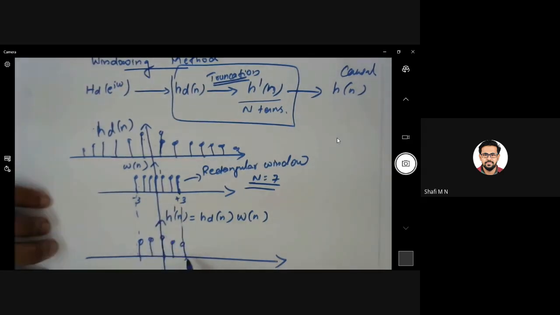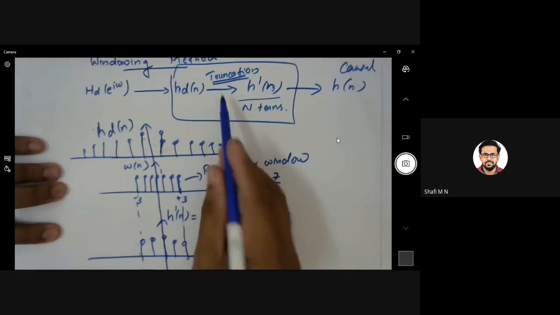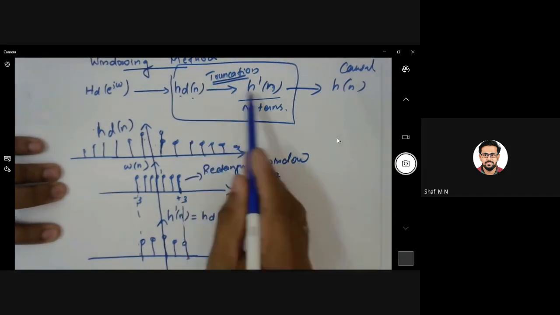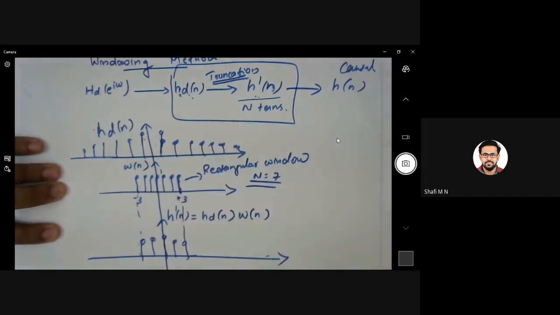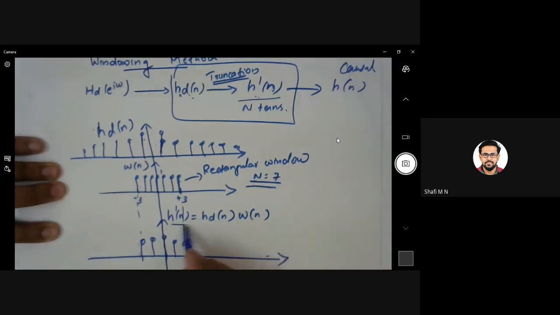After that, all values will become 0. So this is what you are mathematically doing with truncation. They are very mathematically related: h dash of n is equal to HD of n into W of n.